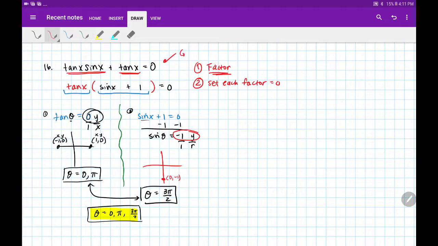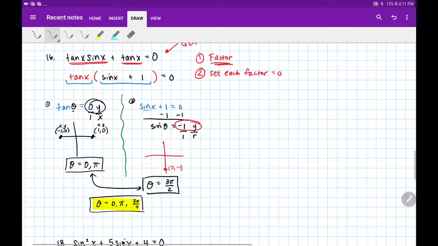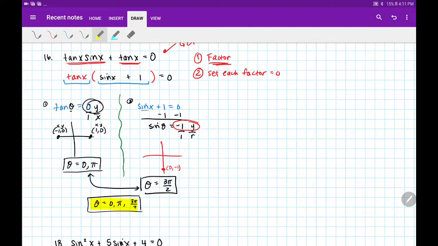If you want to take notes about what we did: GCF, we pulled out tangent, and then we set each factor equal to 0. We got, from our first factor, tan x equals 0, and from our second factor, sine x plus 1 equals 0. Then we solved. So we used our formulas, we figured out y over x, and y is equal to 0 on the x-axis.